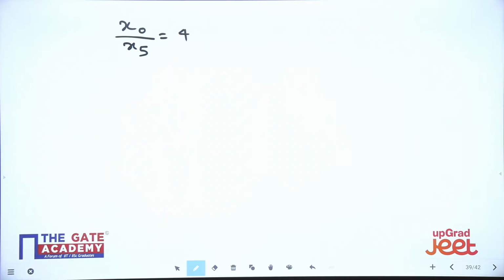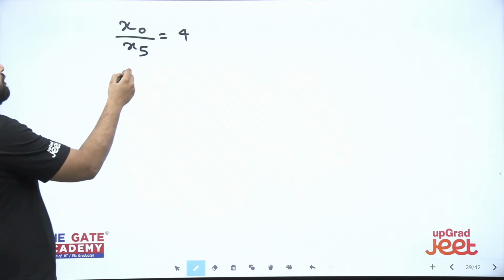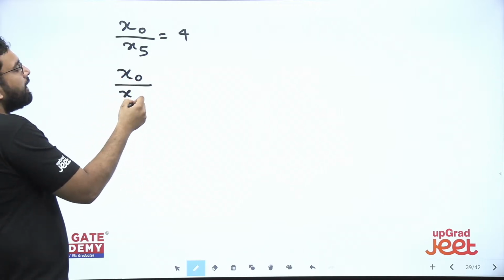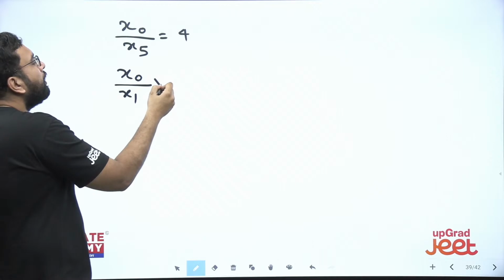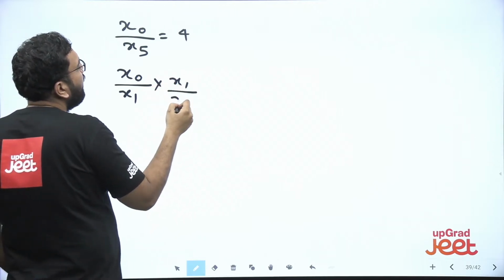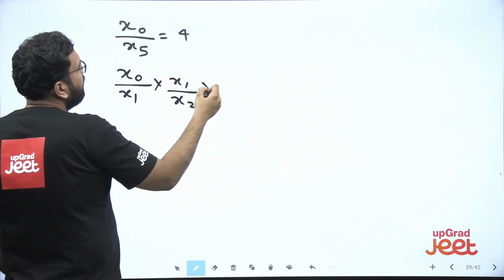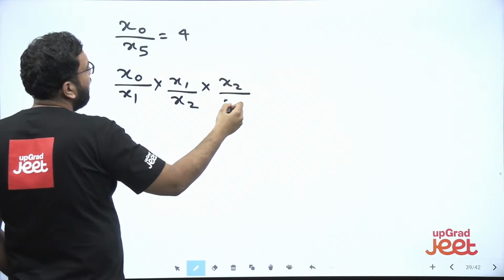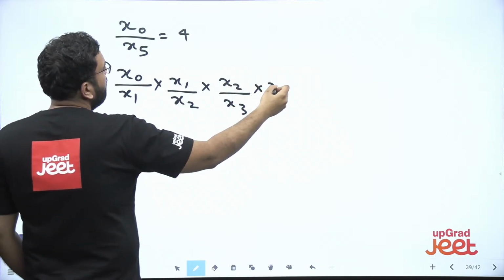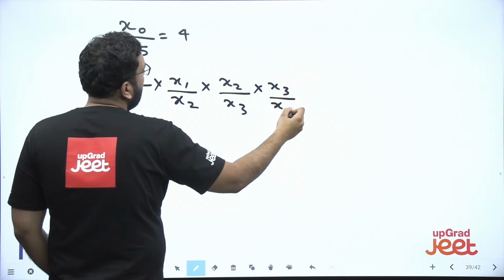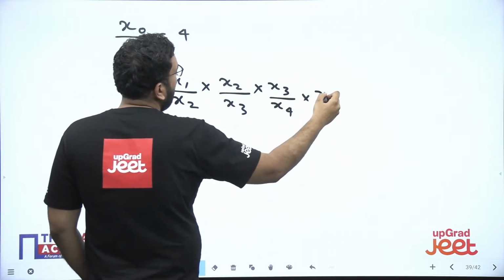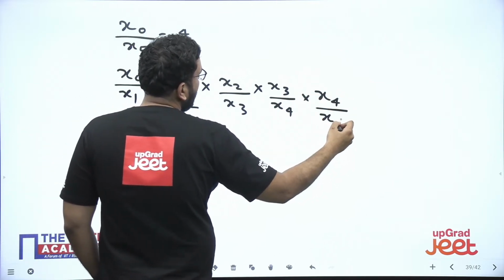Now, how to deal with this situation? So this is x0 by x1. Can we write it like this? x0 by x1 into x1 by x2 into x2 by x3 into x3 by x4 into x4 by x5 is equal to 4.